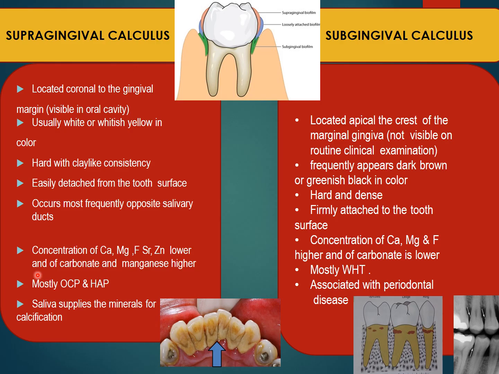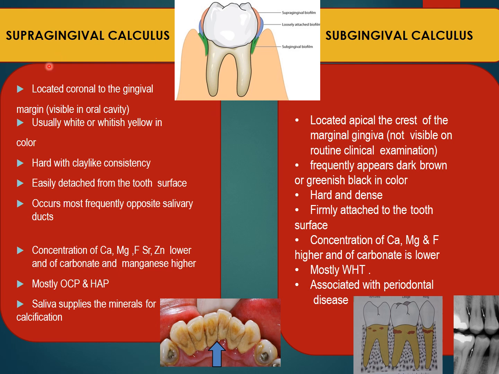Supragingival calculus, as we said before, is seen coronal to the gingival margin, so it is visible in the oral cavity. Subgingival calculus is located apical to the crest of the gingival margin, so it is not visible on routine clinical examination.